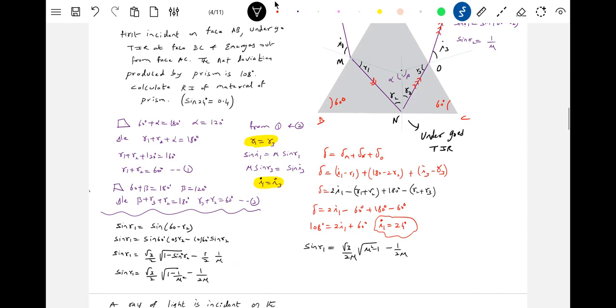Then we'll apply Snell's law. Sine I1 equal to mu sine R1. Sine 24 degrees equal to mu. So solving this, here mu will get cancelled. Sine 24 degrees we know. So solving, we will get the mu.